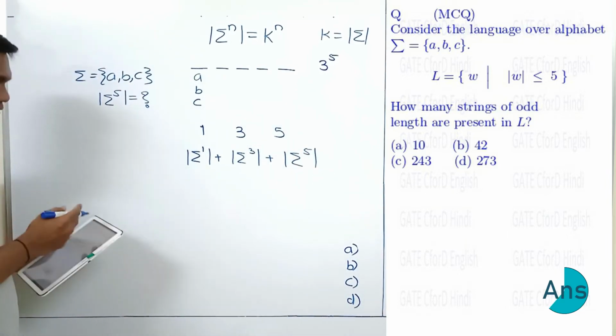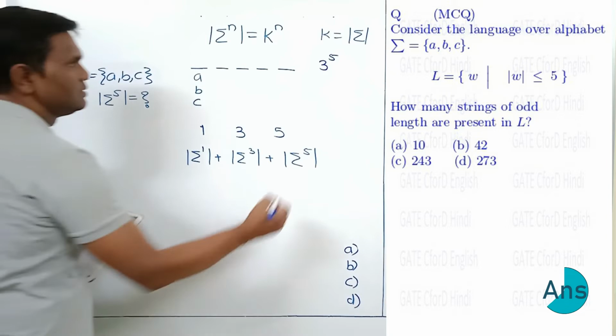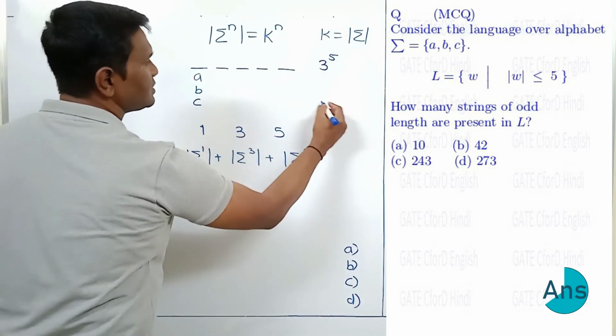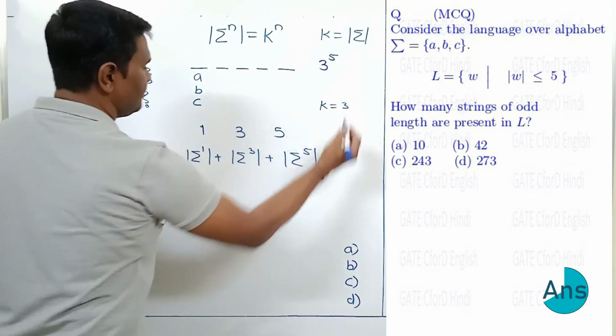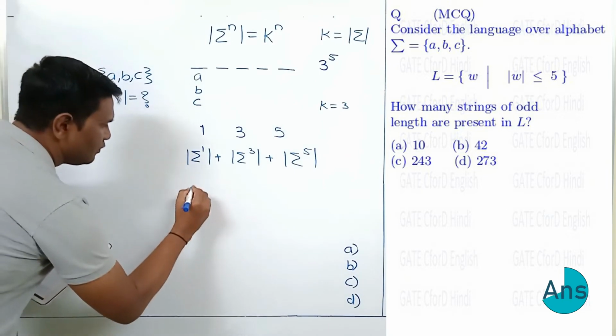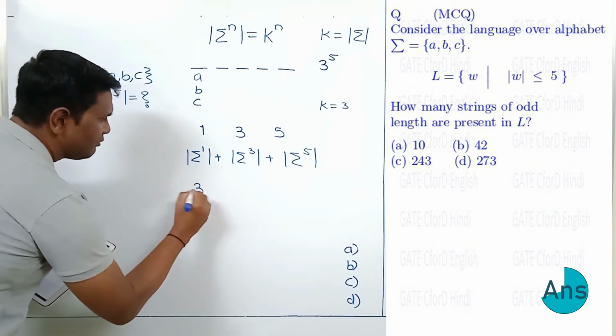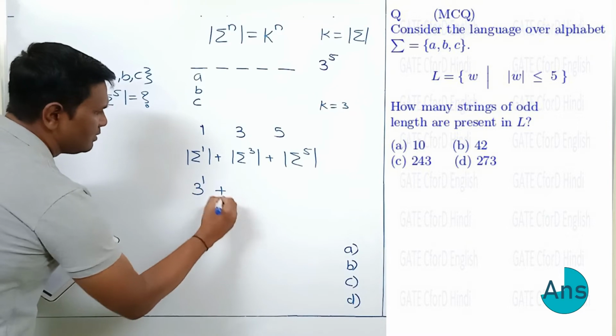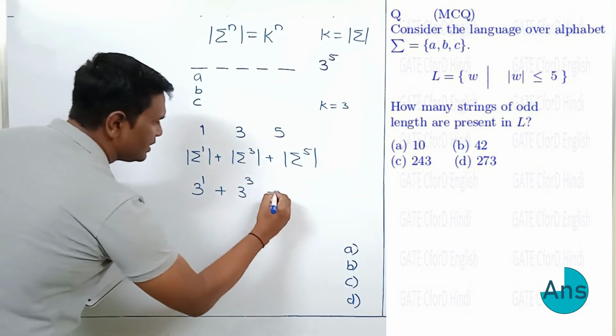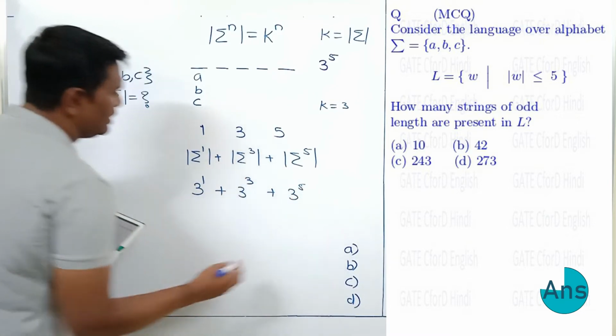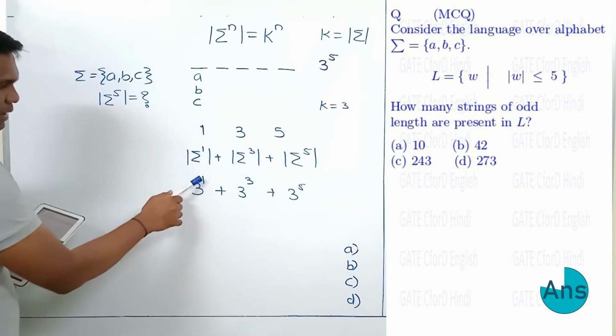Now in this case, alphabet contains 3 symbols. So k equal to 3. And here to calculate the answer, it will be 3 power 1 plus 3 power 3 plus 3 power 5. Sigma power 1 contains 3 power 1 strings.